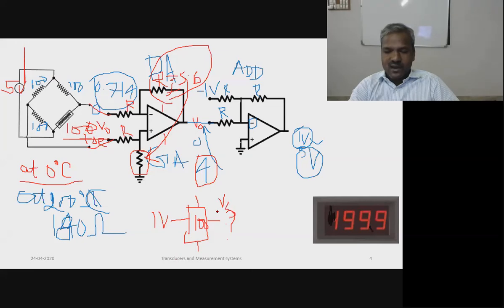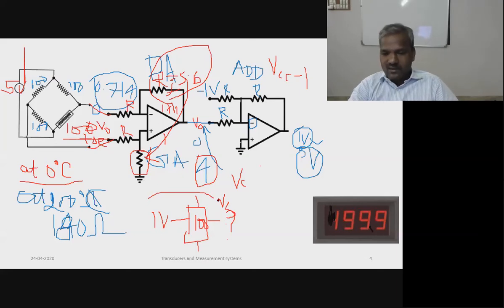So what is V saturation? If you take plus 12 and minus 12, then VCC equals plus 12 or minus 12. V saturation equals VCC minus 1. So we may not get 100 volt from this op-amp.